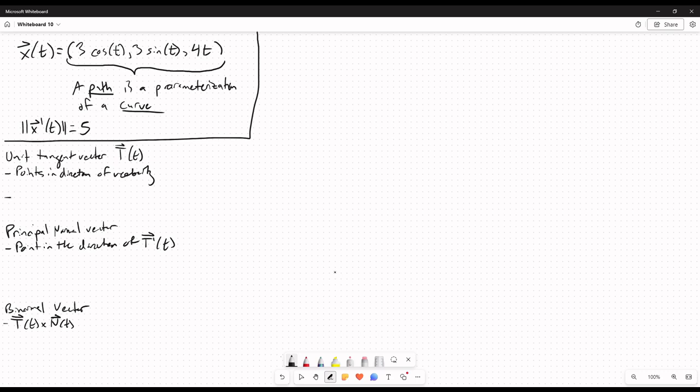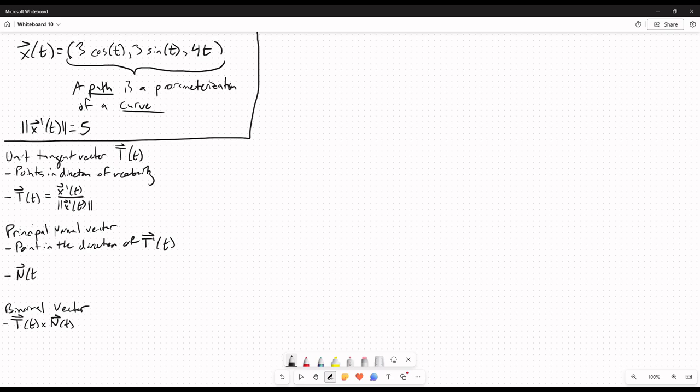If we want something that points in the direction of the velocity, but we want it to be a unit vector, we want it to have length 1, what we'll do is take the velocity vector and divide it by the norm of the velocity vector, or divide it by speed. We'll do a similar thing with the principal normal vector.